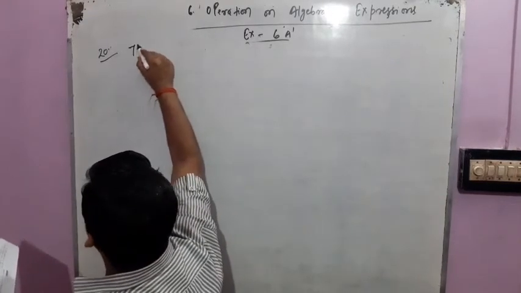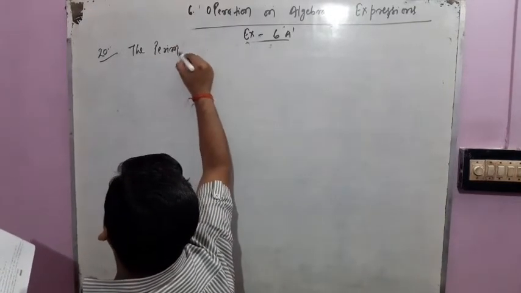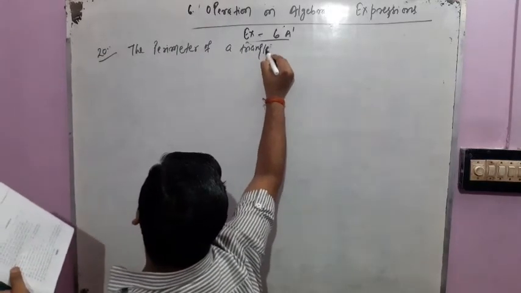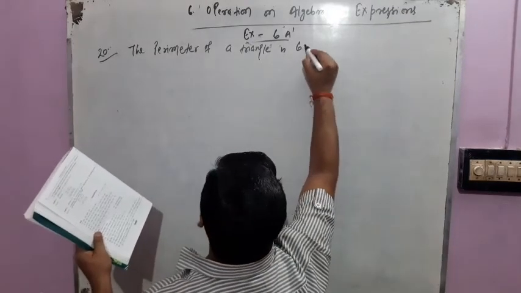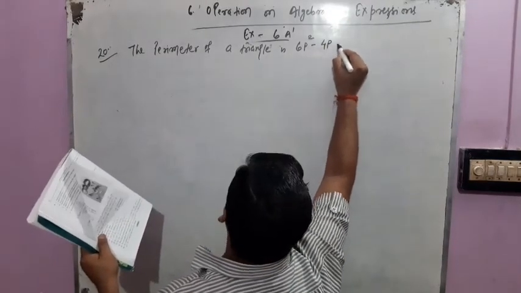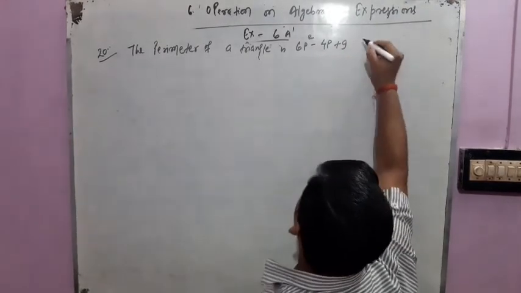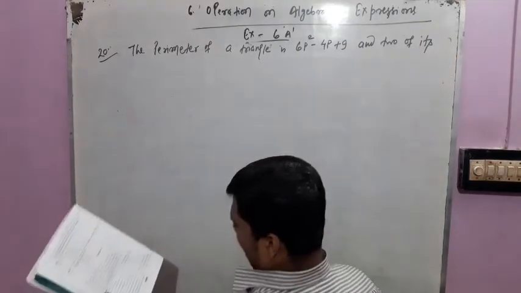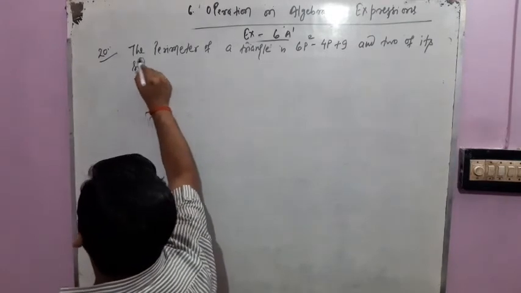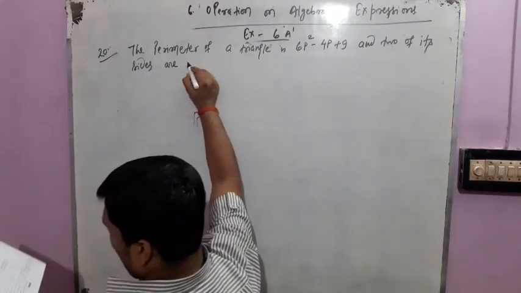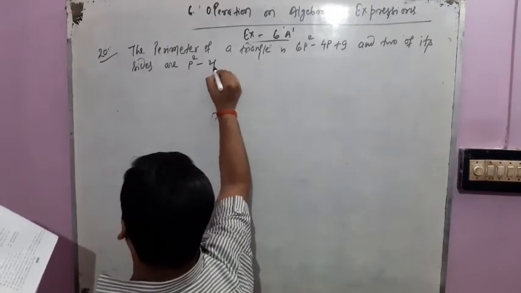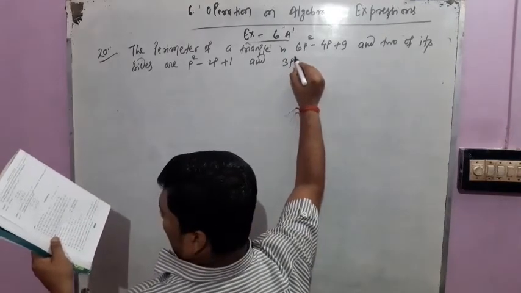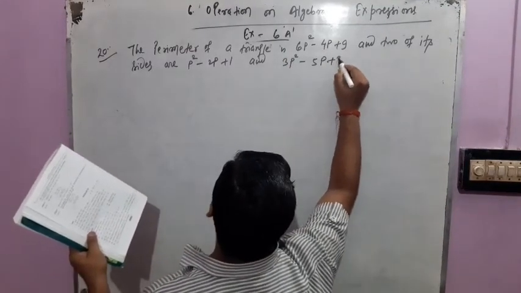Now in question number 20, the perimeter of a triangle is 6p square minus 4p plus 9, and two of its sides are p square minus 2p plus 1 and 3p square minus 5p plus 3.